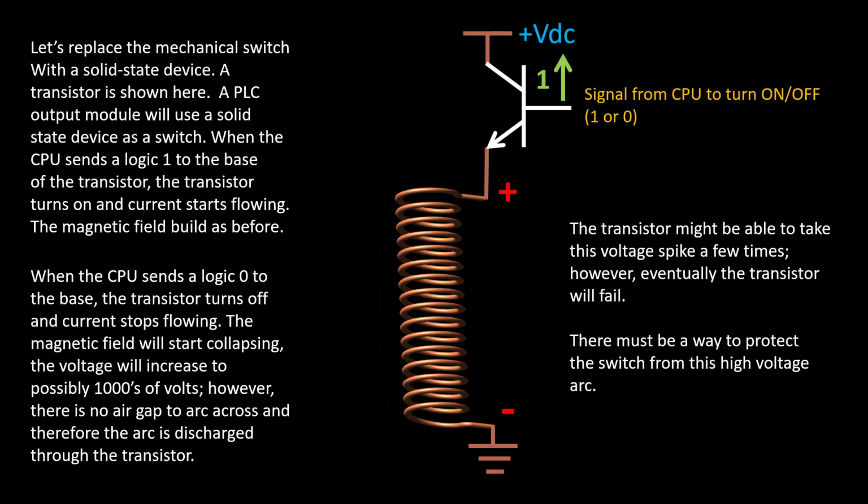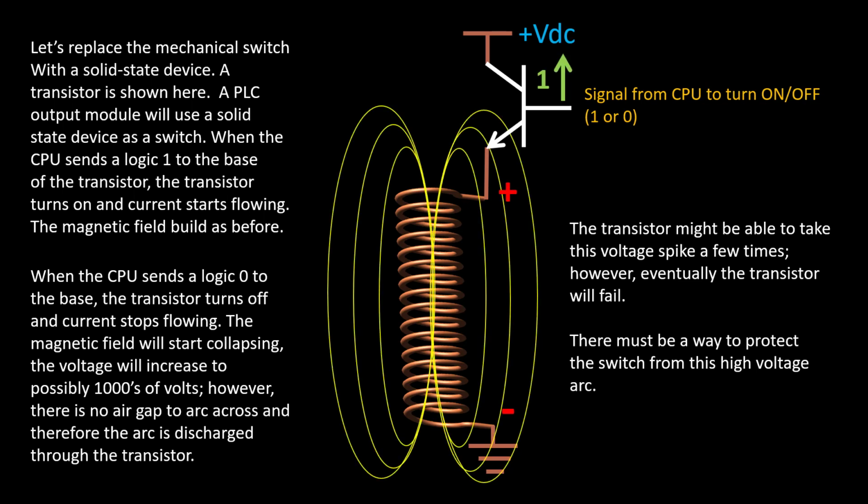So when the CPU sends a logic 1 to that device, it turns it on. It forward biases the device such that current will start flowing in that solid state device. And when current flows through the device, it flows through the inductor, the field builds up, and I get the polarity of plus to minus.